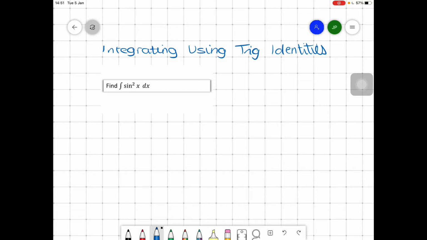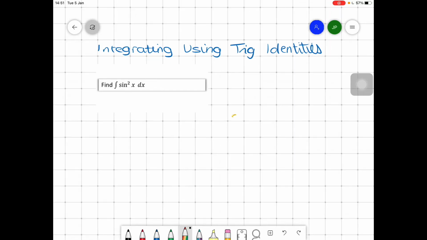So I've got to use one of my trig identities to try and eliminate that squared part. Now that's going to involve using a double angle formula. So we need to think back what double angle formulas will include a sine squared or a cos squared and so on. So the one we're thinking about is going to be cos 2x.